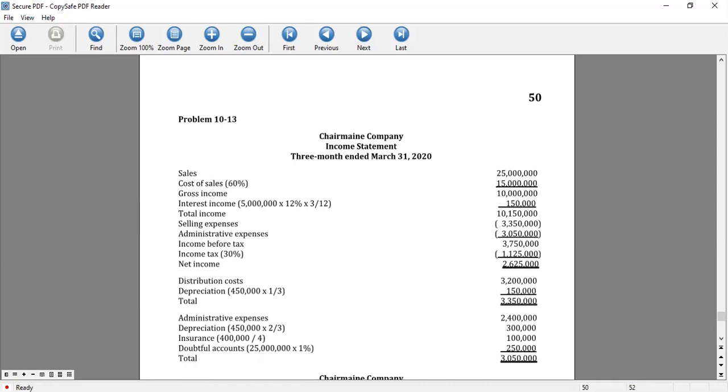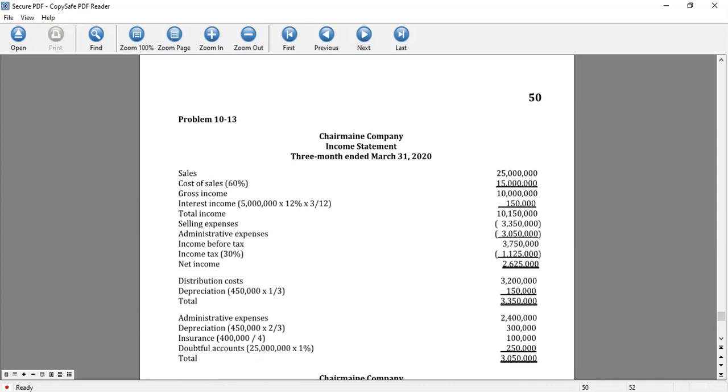Now, as required, prepare an income statement for the whole quarter. So we begin with the heading: for the 3 months ended March 31, 2020, meaning it's good for one quarter. Given the sales of 25 million, we then deduct cost of sales, which is 60%. It's given that the gross profit method is used to determine the interim inventory.